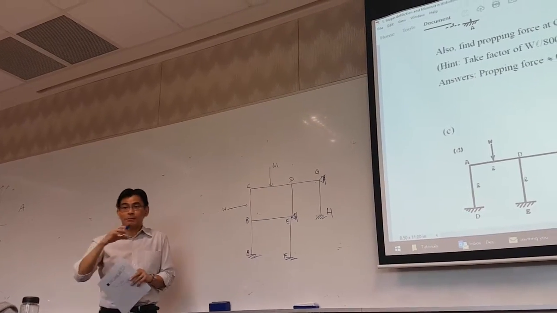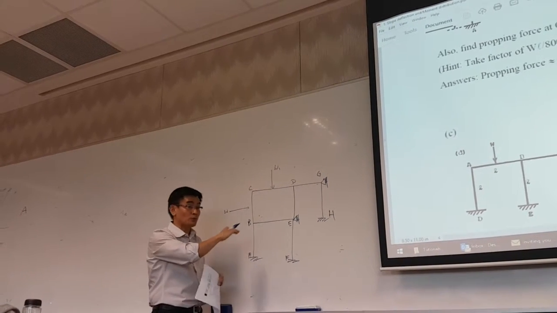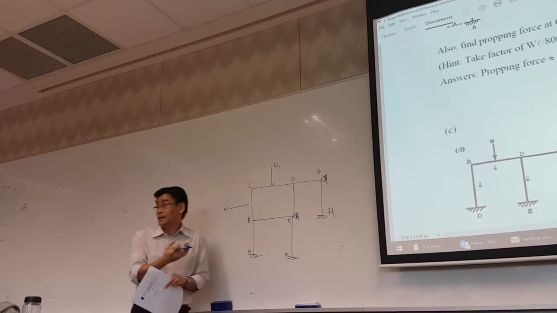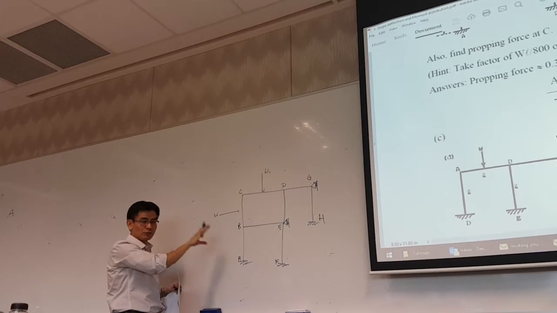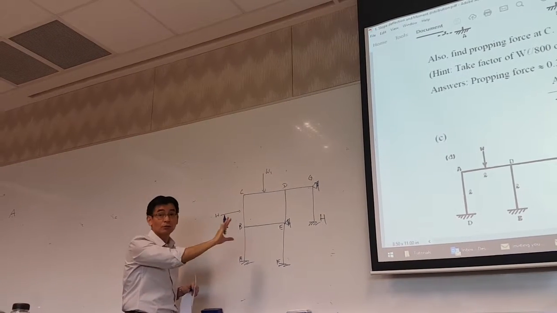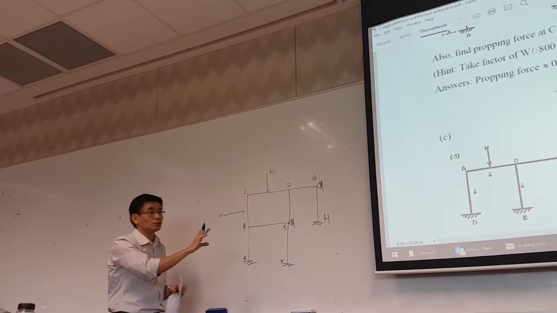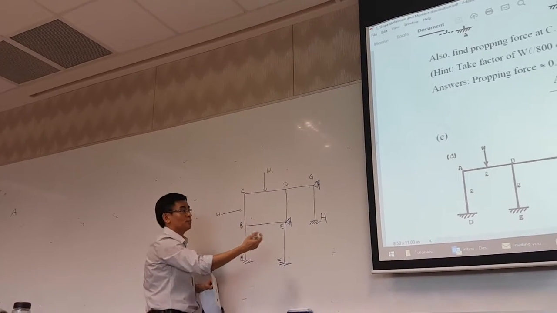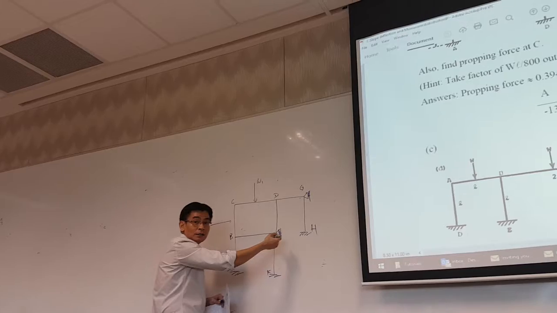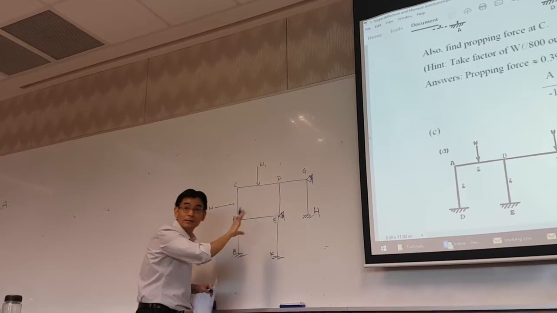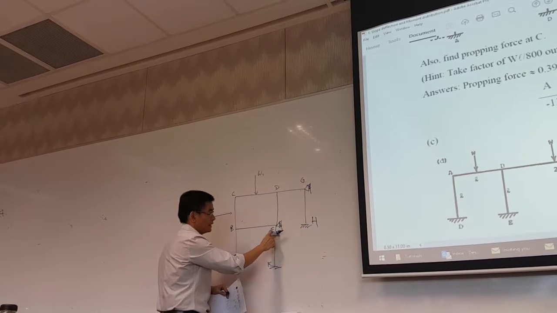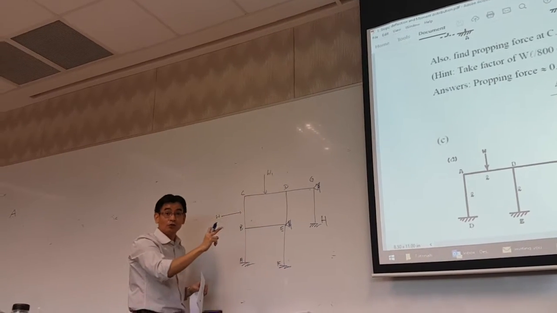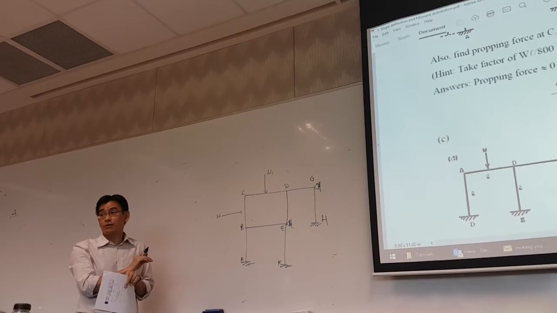The popping force is really to prevent the structure from swaying, let's say, left and right. Assuming there's a force acting in this W, but the structure's tendency is to sway to the right. In order to prevent the structure from swaying to the right, you need to apply an opposite force to prevent the structure from moving. So of course the popping force has to be applied at E and also at D.